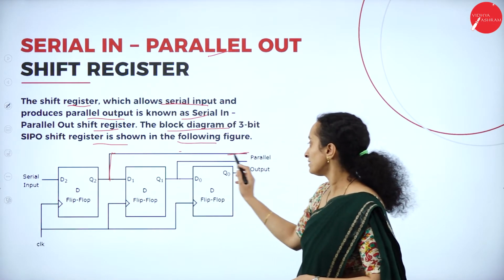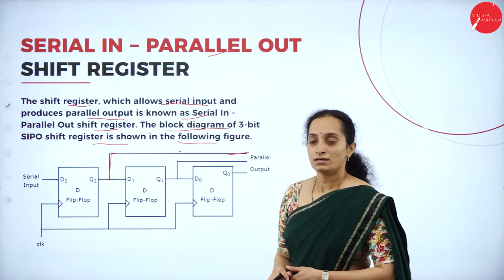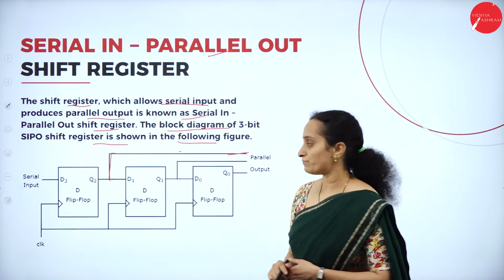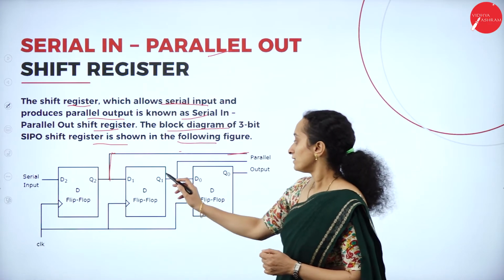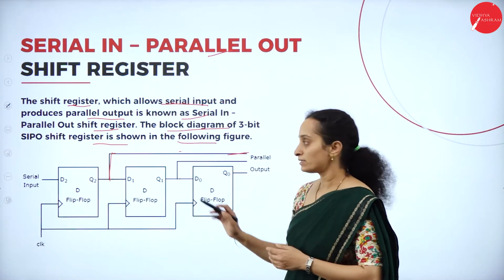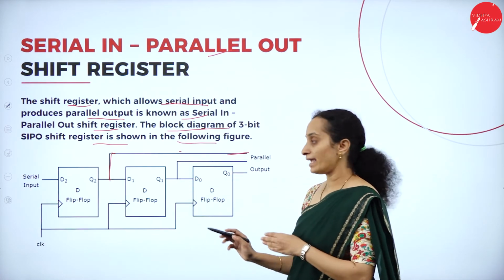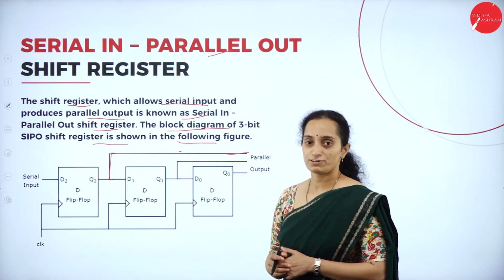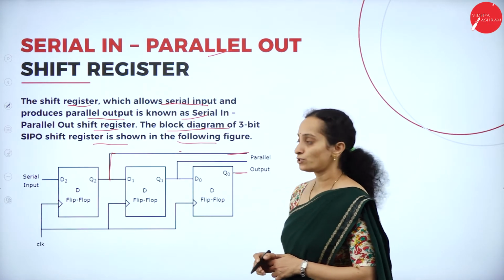So, we have this parallel output, then we have D1 which is inputted for the second flip-flop. It produces an output Q1. This is taken as a parallel output along with Q2, and Q1 again acts as the D0 input to the third flip-flop, and it produces an output Q0.